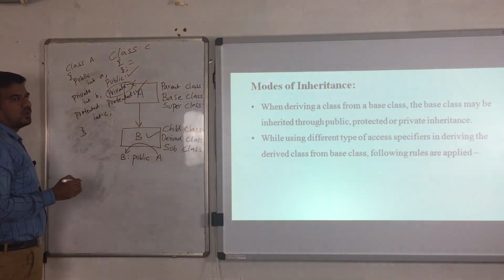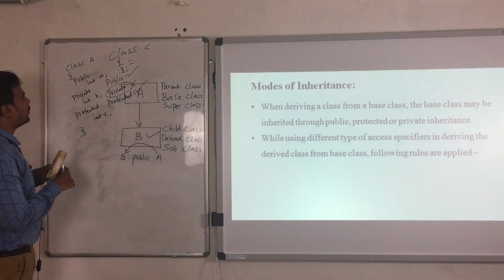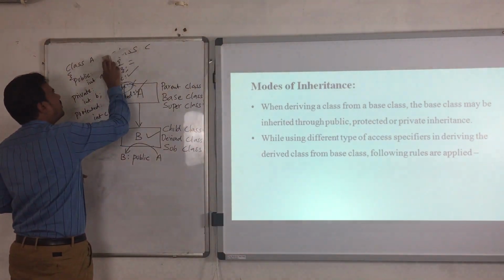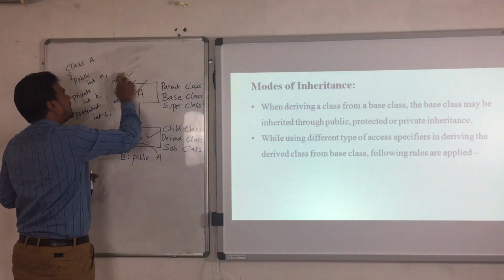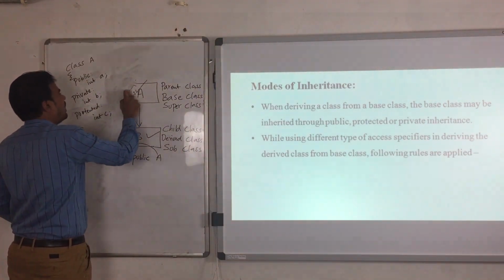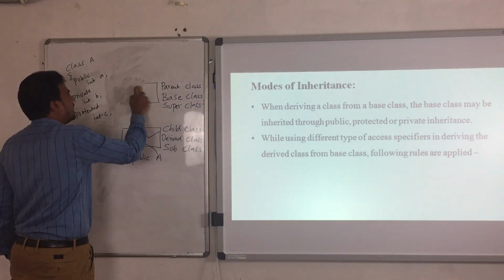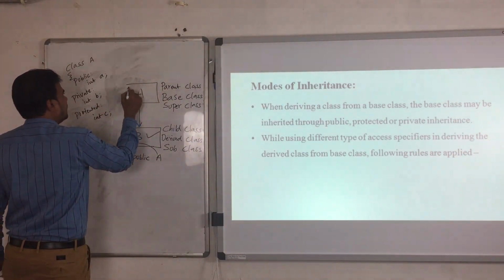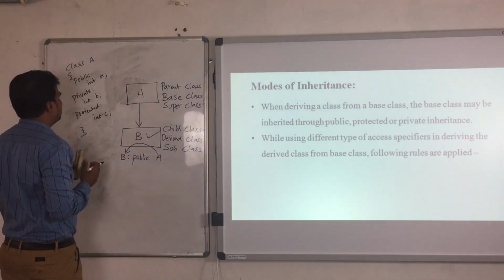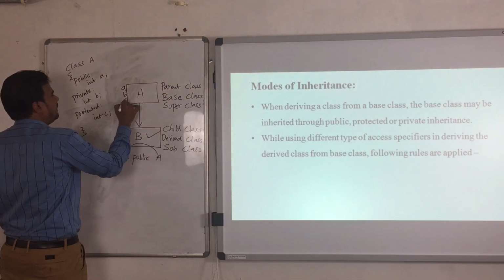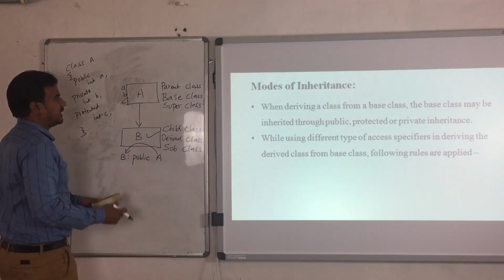One is public, one is private, and the other one is protected. So inside my A class, I am not talking about C class now, so I am simply removing that C class from our consideration. We are talking more about only two classes, that is A to B. So inside A class, I have three data members. A is public, B is private, and C is protected.